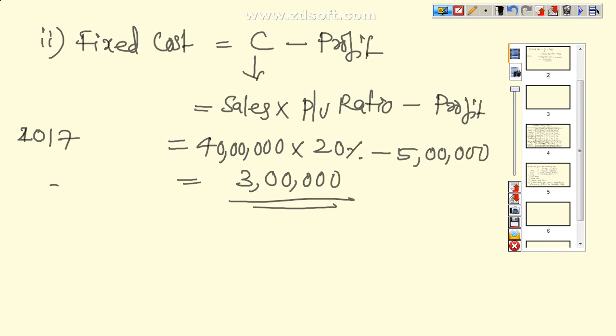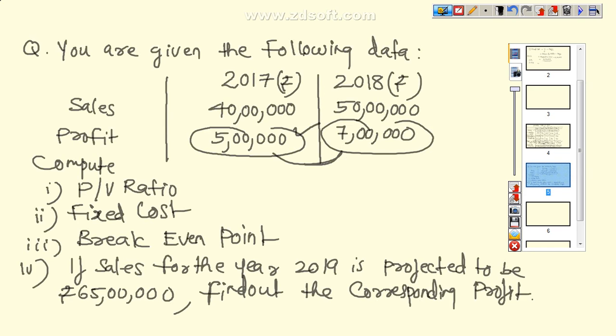Or we can calculate on the basis of 2018. It is not necessary to calculate for both the time periods, but we can cross check the answer. If we calculate both, the answer is the same. If we consider 2018, sales is equal to 50 lakh.